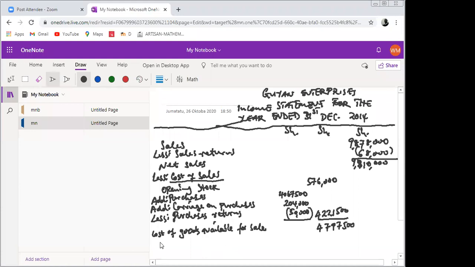Then you less the closing stock, which you will find in the additional information. At 31st December 2014, inventory was 680,000. So you less 680,000. What do you get?